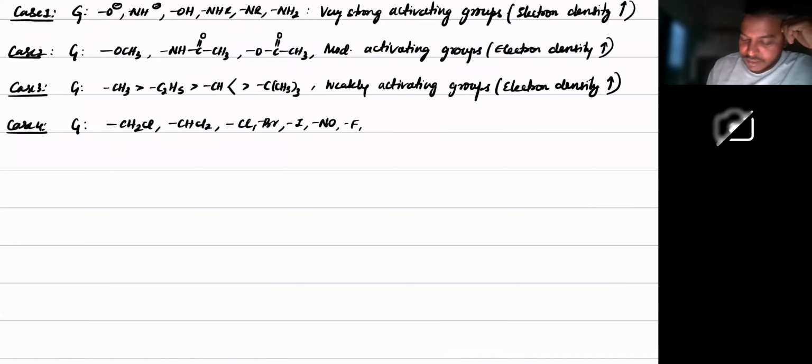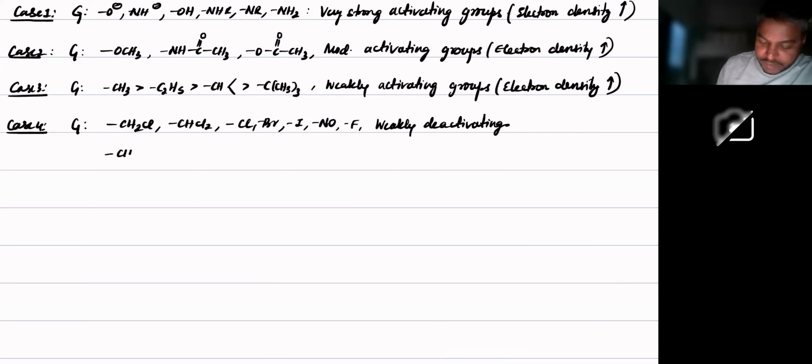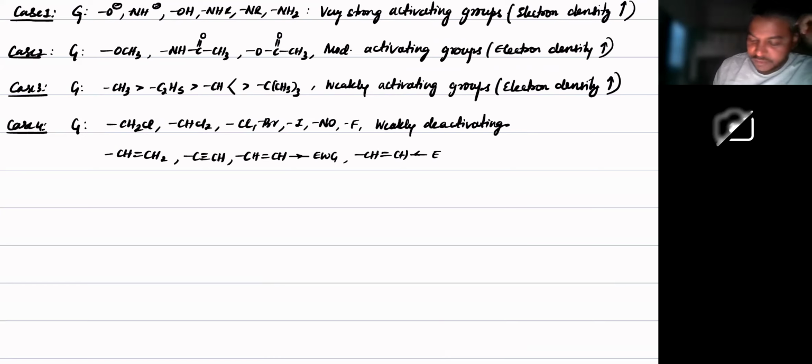Now these are weakly deactivating. Another thing I can write is if you have CH2 like this also, C triple bond CH also, and CH double bond CH with an electron withdrawing group like this. So these are all the cases which are weakly deactivating.